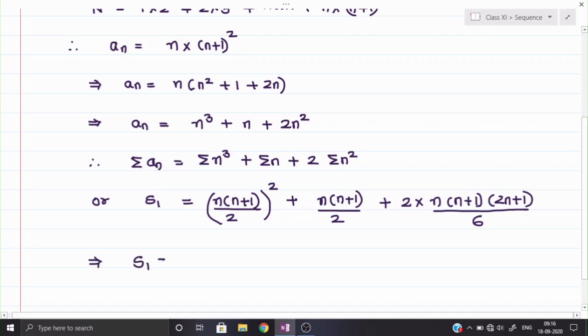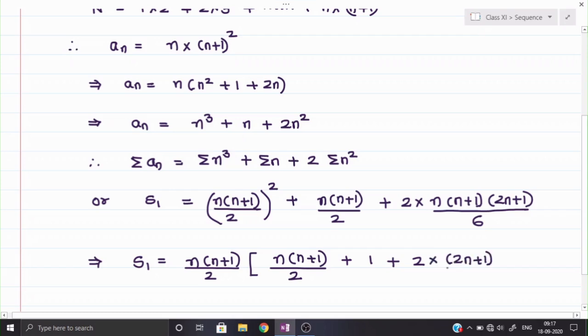So the common factor I am taking here is n into (n plus 1) divided by 2. What will remain inside? It will remain n into (n plus 1) upon 2. Here it will remain 1. And from the last term, if we take the common n into (n plus 1) upon 2, then this 2 will remain as it is, and in the bracket it will remain 2n plus 1, and from 6, since we have taken 2 common, the remaining is 3.